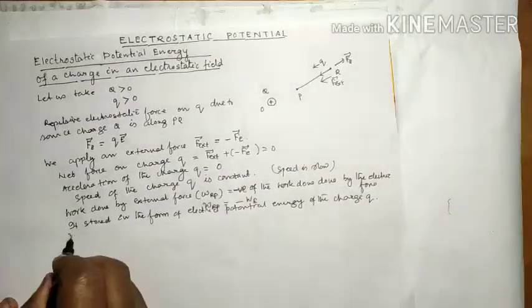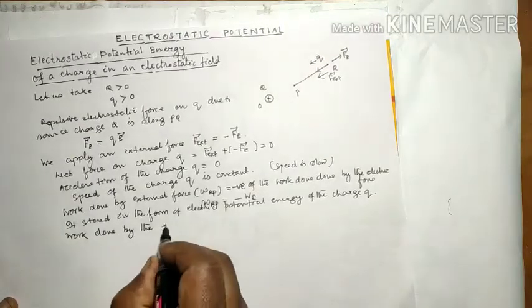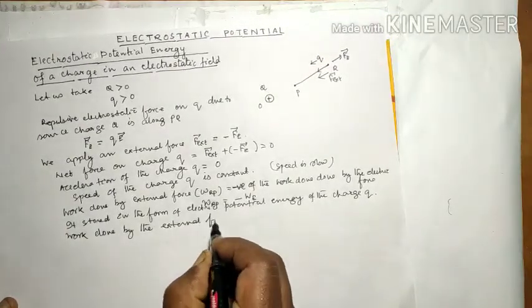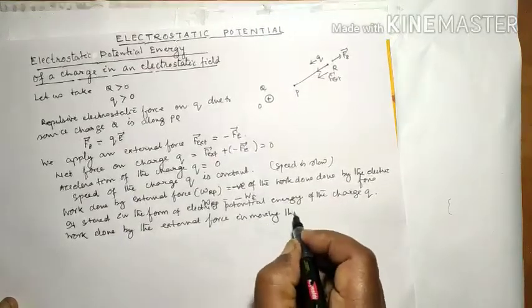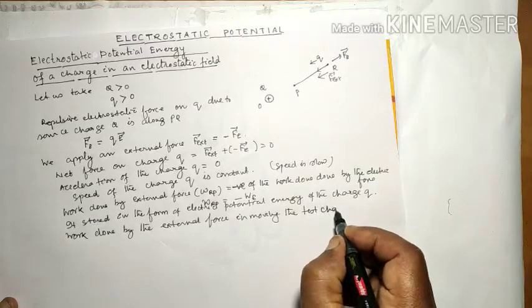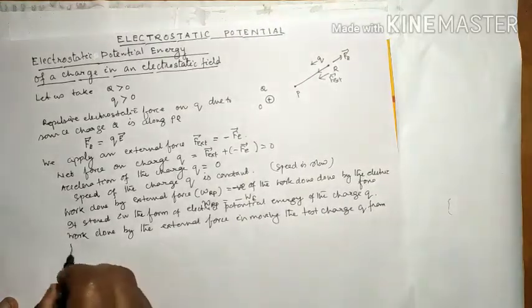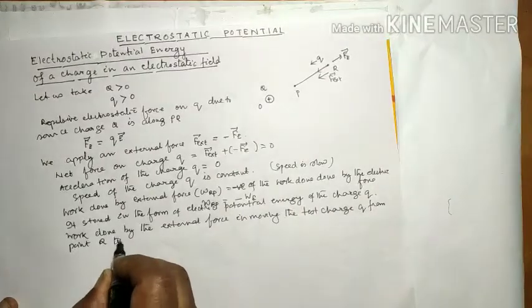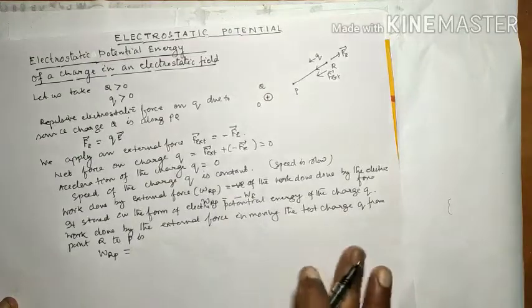Now work done by the external force in moving the test charge q from point R to P is WRP.